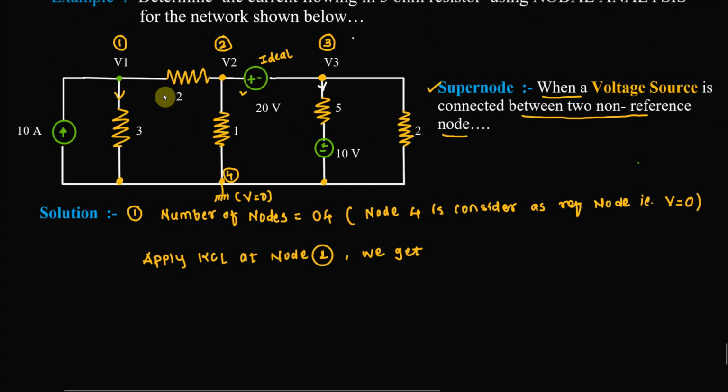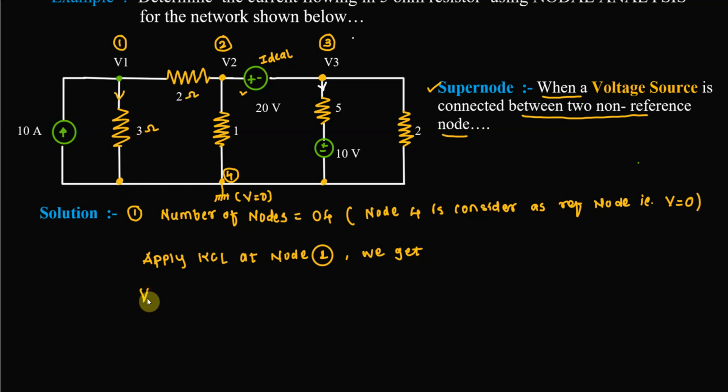If you see node 1, there are two resistances connected, one of 3 ohms and another of 2 ohms. These values are given in ohms. We get the current through these by simple Ohm's law, the voltage divided by resistance. The voltage is V1 minus V0, because this is the reference node, and the value of resistance is 3.